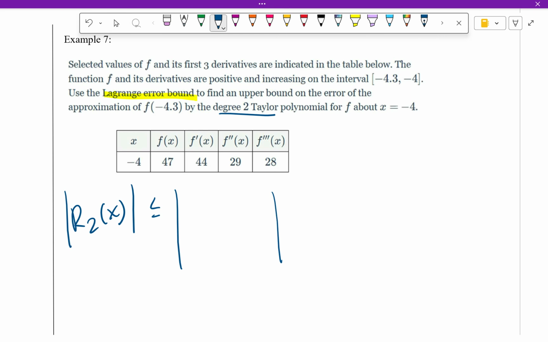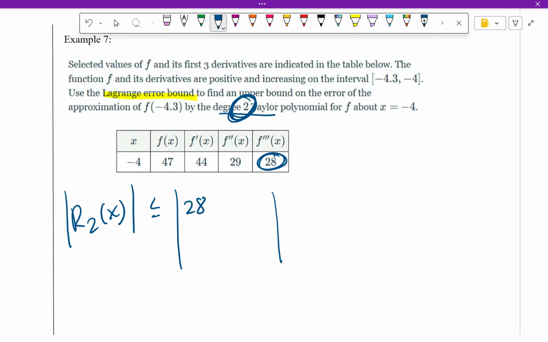We got to find the max value. So the maximum value of which derivative? We got to go one beyond. It says we're degree 2, so we got to go to the third. Look at the max value in the table.